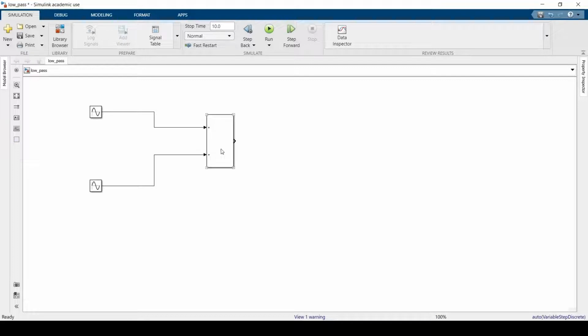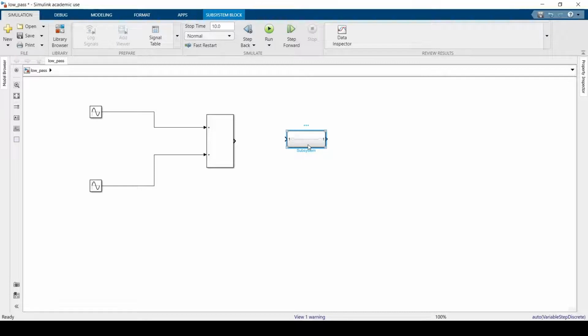Okay, I passed two signals. Now after passing, this input needs to be sent to a low pass filter. So I will build the low pass filter in a separate subsystem, because it will be confusing if everything is written on a single plane. So in a particular hierarchy we can build the subsystem.